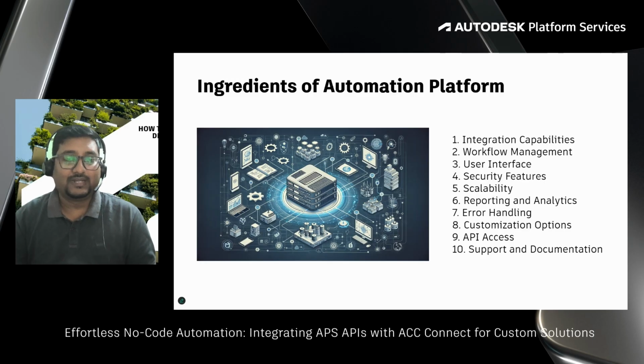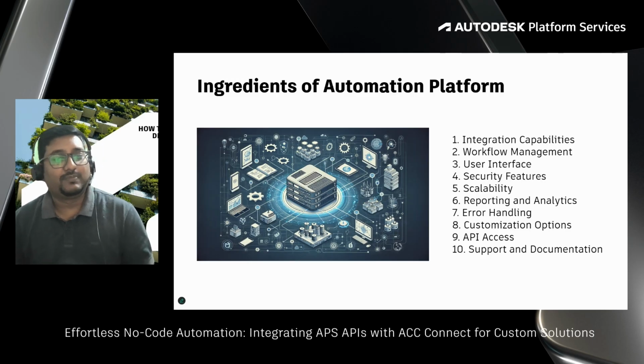How do you handle different types of errors? It should support error handling capabilities and customization options. It should have API access, and there should be elaborate documentation and support available for a platform so that you can readily use these platforms for automating a workflow.